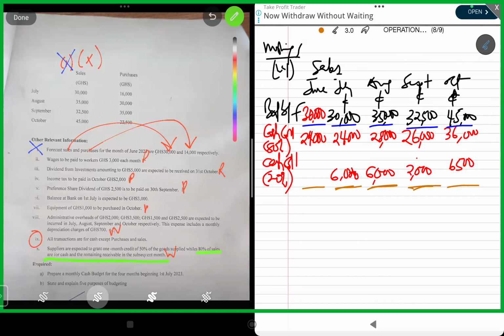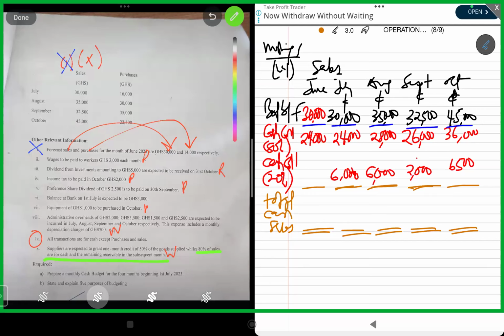So this is the total cash sales. So what are the total cash sales?